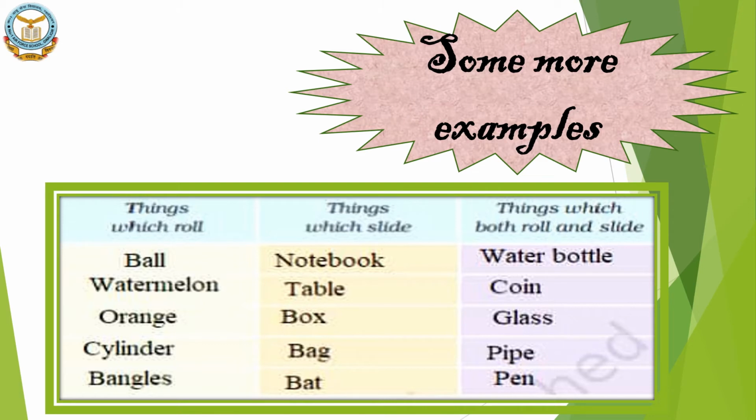Now the things which slide: notebook, table, box, bag and bat. Let's move to things which both roll and slide: water bottle, coin, glass, pipe and pen. In this way, we can find out several examples under these categories.